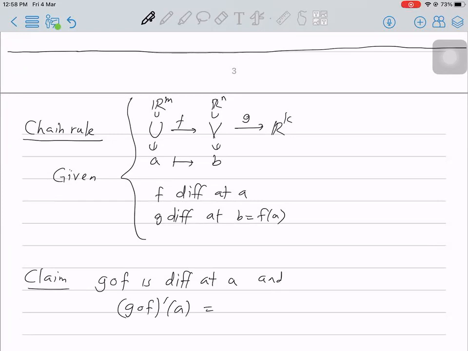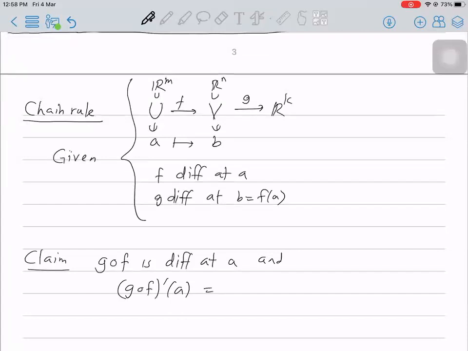So what is the rule? The derivative of G valued at F of A times F dash of A. Okay, what is the times here? Matrix multiplication. So could we have written this in the other order, F prime of A times G prime of F of A?